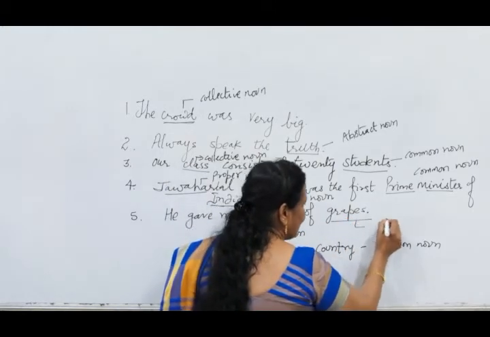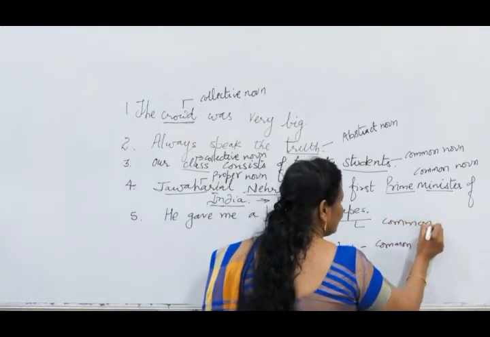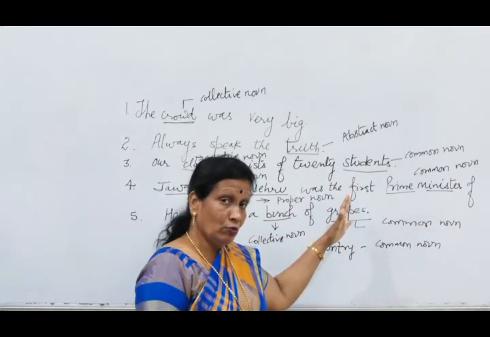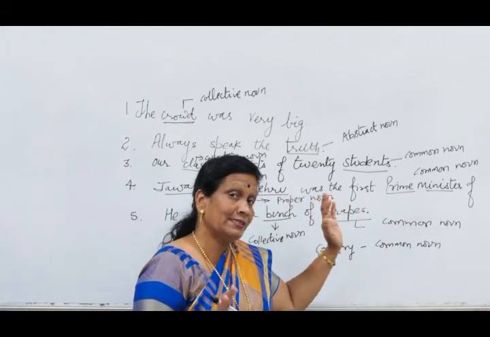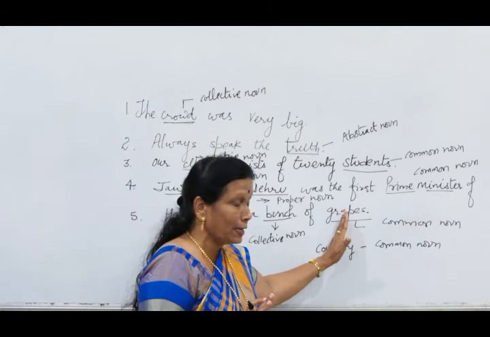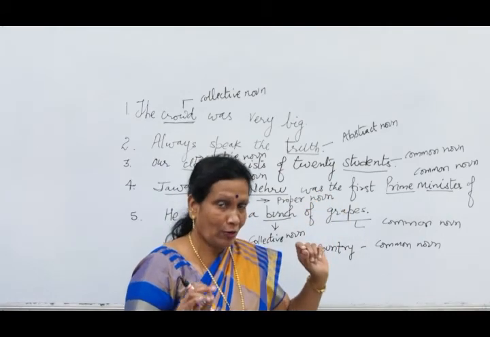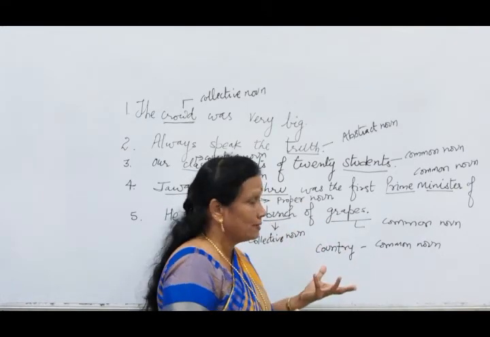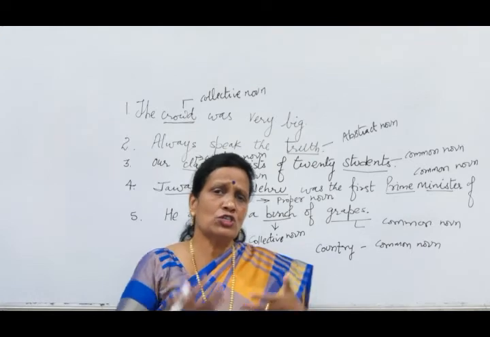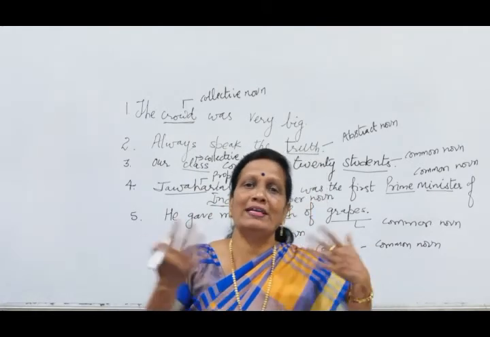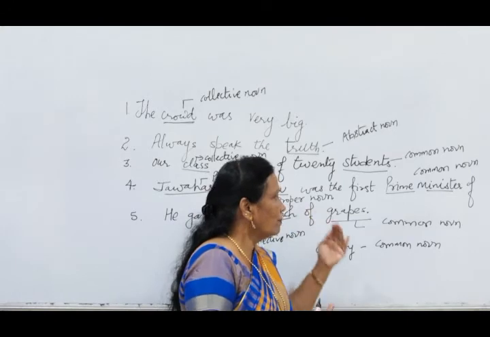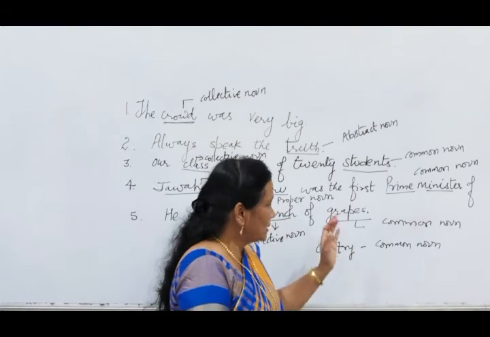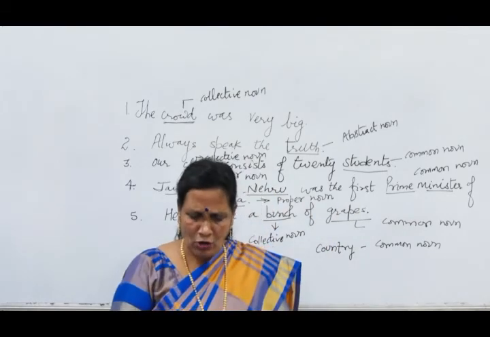Now grapes is the name of a fruit. When you say fruit, it is a common noun. But when you say grapes, it is a proper noun because we are talking about a particular fruit. But here when we say bunch of grapes, there are different types of grapes too, different varieties of grapes. So when we talk about a particular variety, then we say it is a proper noun. But here grapes is a common noun.